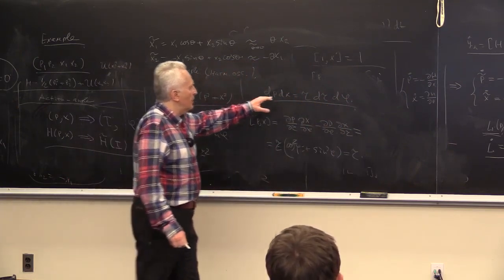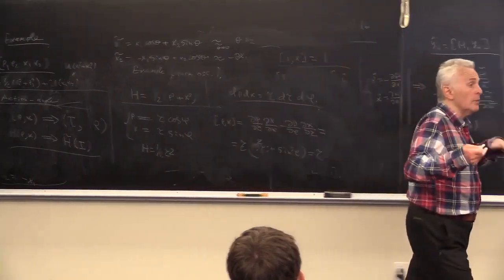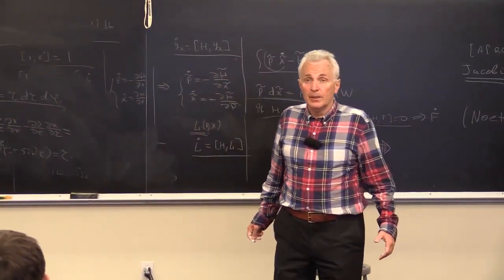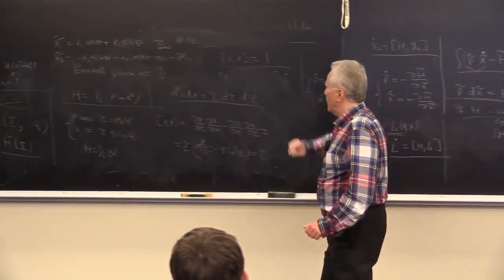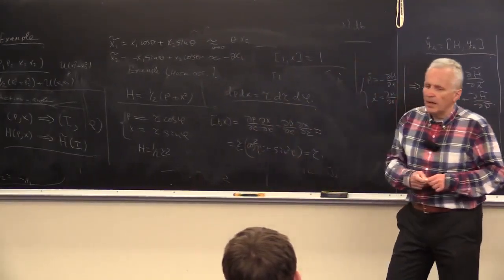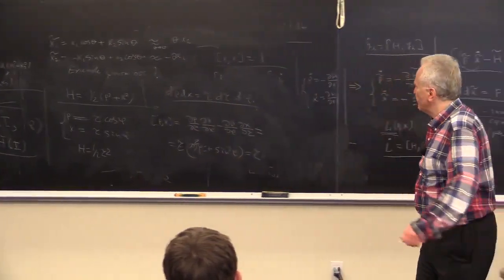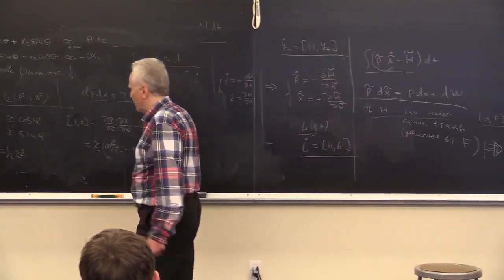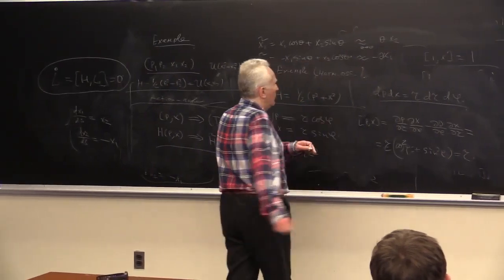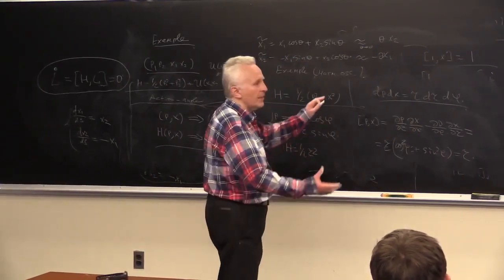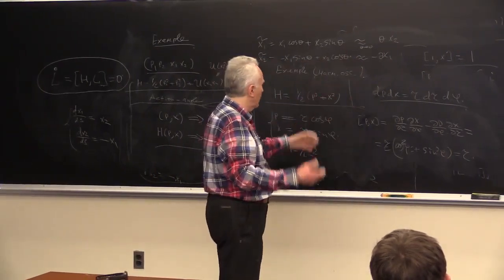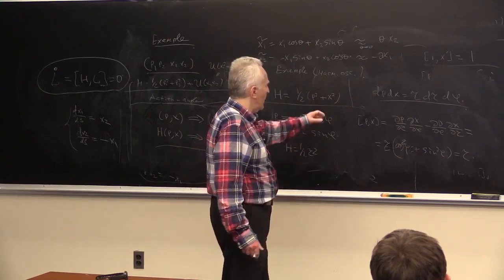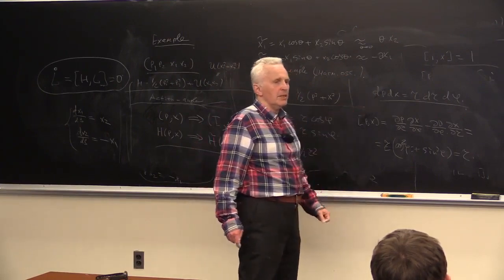And dp dx is supposed to be unchanged under canonical transformation, and it's changing. So we cannot identify r with momentum. But what can we do? It's pretty close, actually. By small changes, you actually will make the transformation canonical.